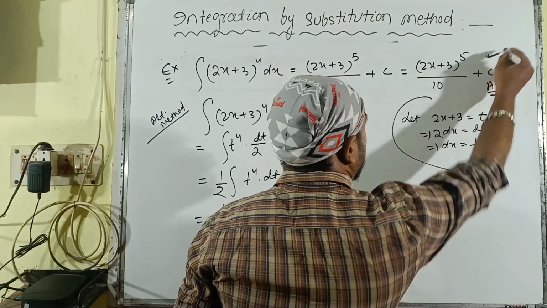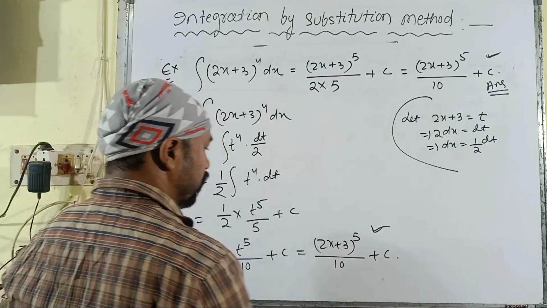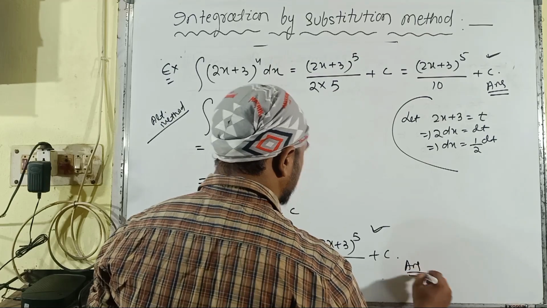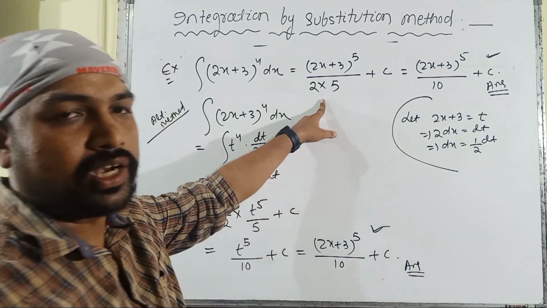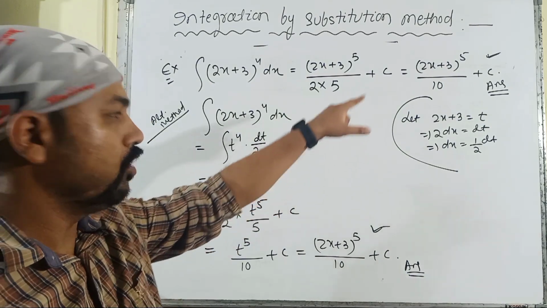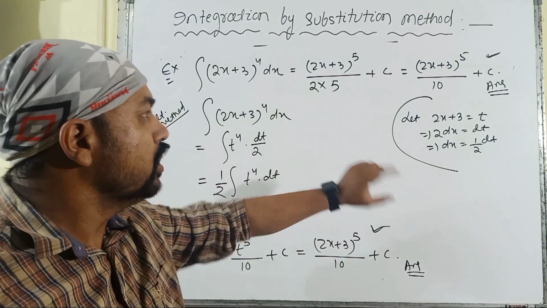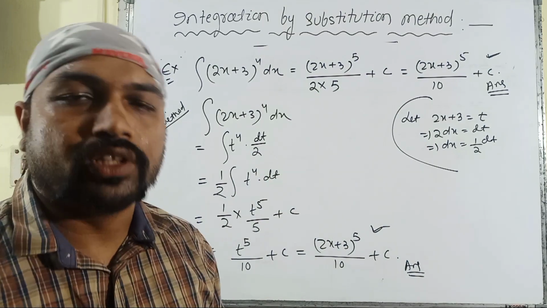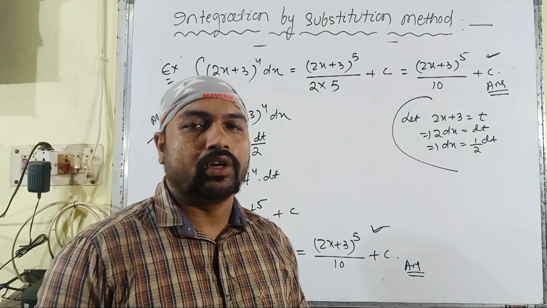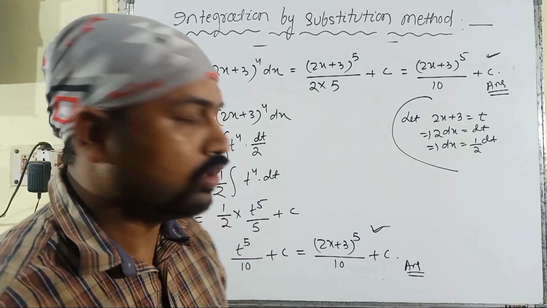You can match these two answers and they are equal to each other, which means our answer is perfect. Either you can solve it directly, or you can use the substitution method procedure. So this is the detailed procedure of the example based upon the first theorem. Now let us go through theorem number 2 of the substitution method.